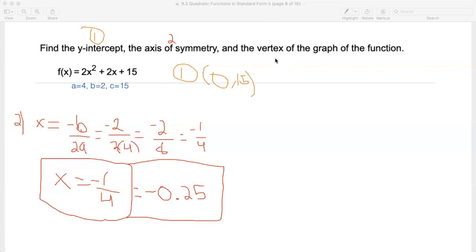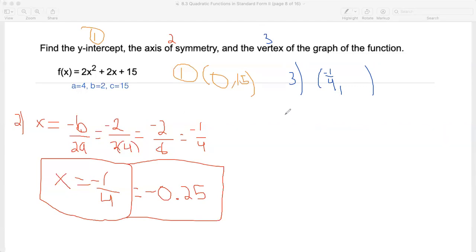All right, let's go ahead and find the vertex. So that would be number 3. Your vertex is always your x value, which is negative 1/4, and then your y value when you plug in negative 1/4. We're going to have to plug this in to see. So I'm taking this equation here. Remember, this is usually when people freeze up. And I like to say when you're frozen, always take x and plug it back in.